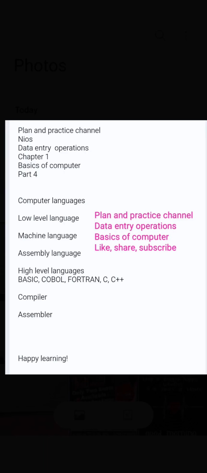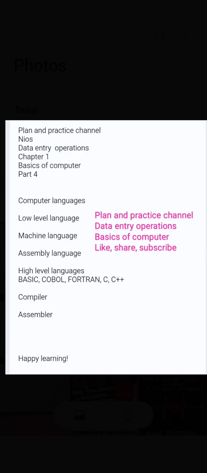So we write the source program, and the compiler converts it into an object program that is easily read by the computer, because it is machine language. That is the job of the compiler.